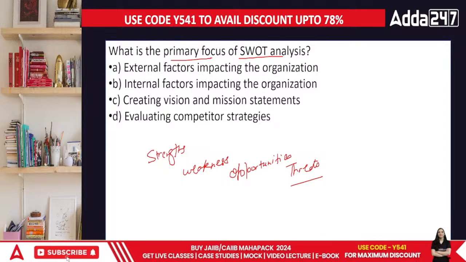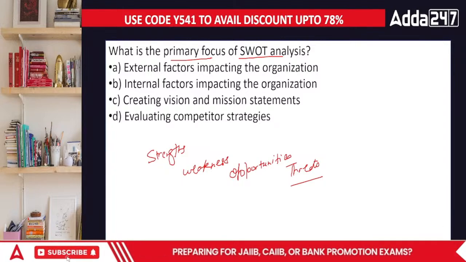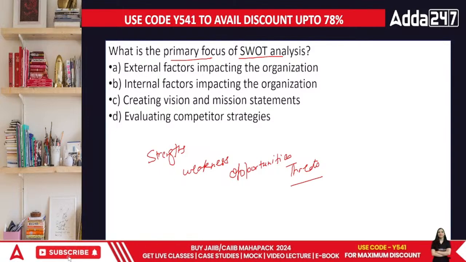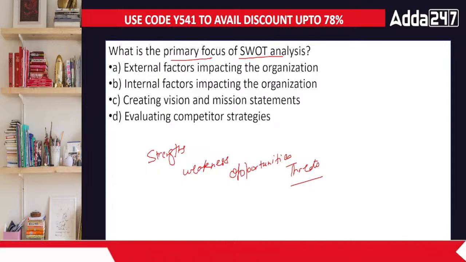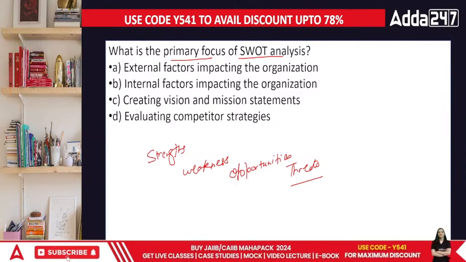That is opportunities. And then we talk about threats. Threats can be defined as a situation where we talk about the dangers that are there in the world today. That is covered in this area.